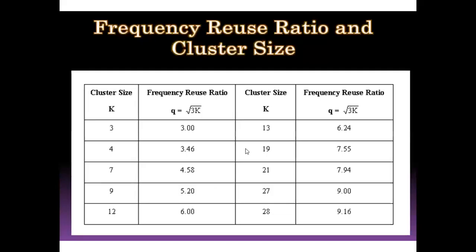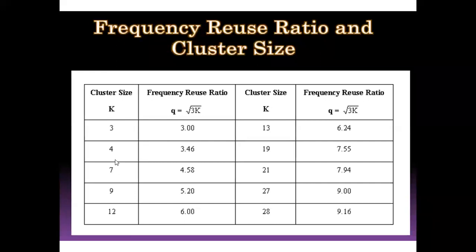Now this table shows the frequency reuse ratio and the cluster size. q equals the square root of 3k. Naturally, if k is 3, then 3 into 3 is 9, and the square root of 9 is 3. So this is the cluster size, and this is the frequency reuse ratio. If I use k equal to 3, this gives 3.